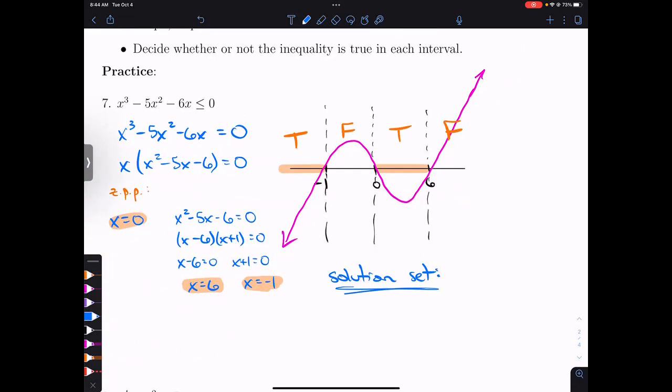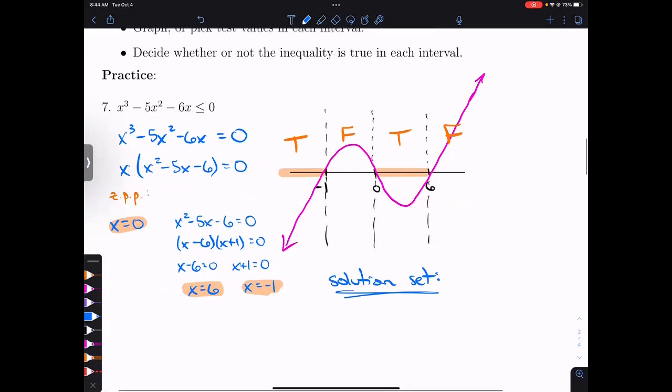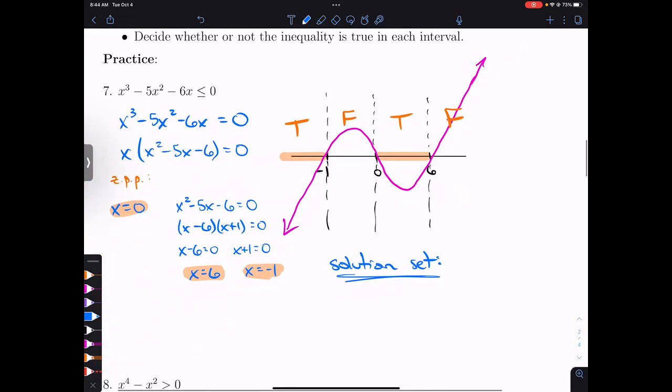So how do we write that down? Right, write your solution in interval notation. How do we do that? First piece would be the stuff to the left of -1. How do you write everything left of -1? Negative infinity to -1.